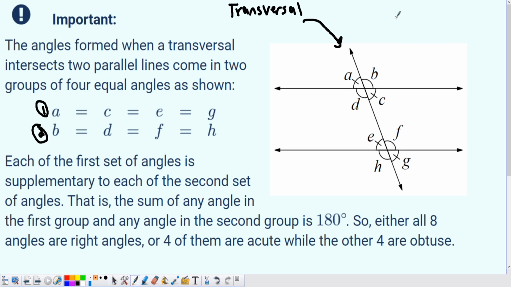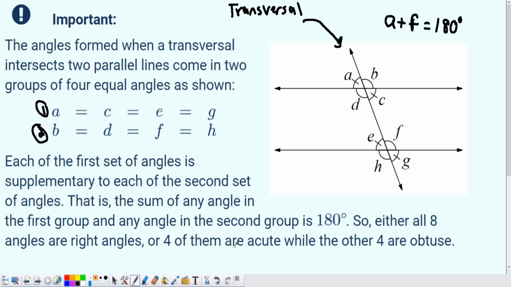For example, A plus F must be 180. If the two angles are not the same, they must add up to 180. So, you really only have two distinct measures of angles. The first set and the second set.